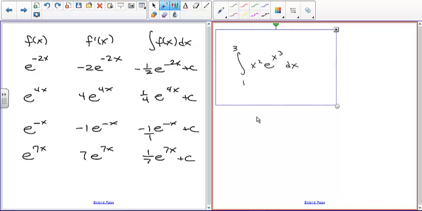So you'll have u equals x cubed, and somewhere down you'll say when x equals 1, u equals something, and when x equals 3, u equals something. Using our definition for u, or not our definition, our choice.